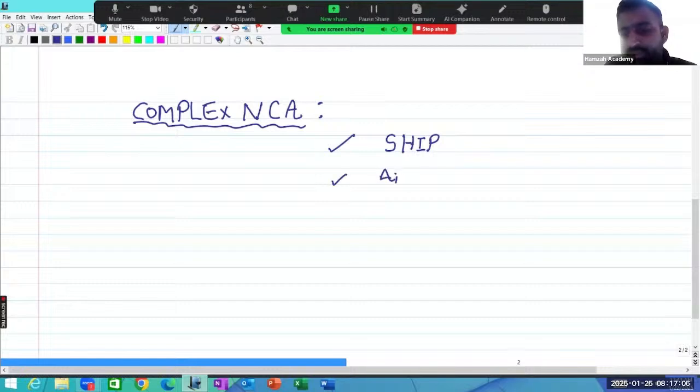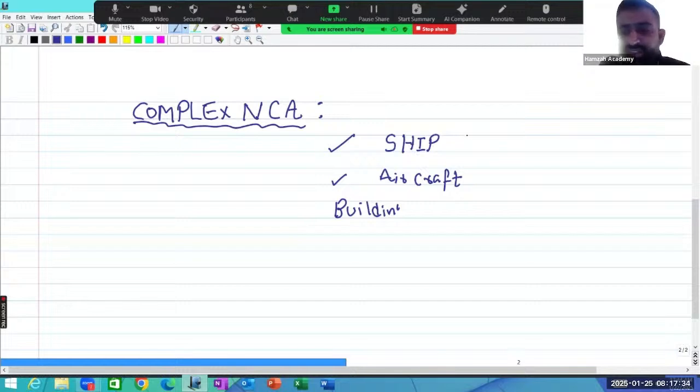An aircraft is a complex non-current asset. Maybe a building, in some situations, can be treated as a complex non-current asset.